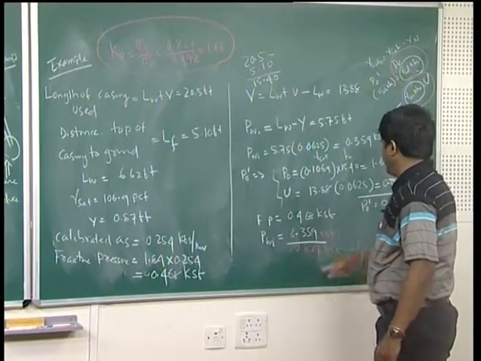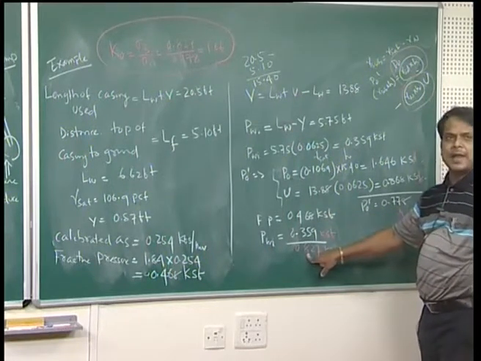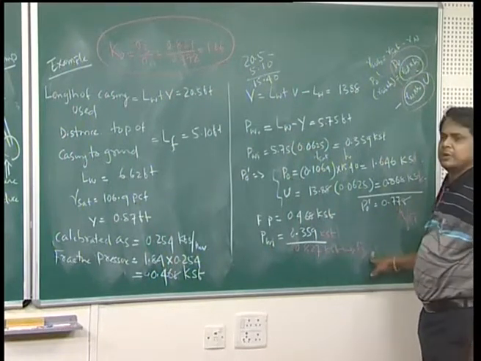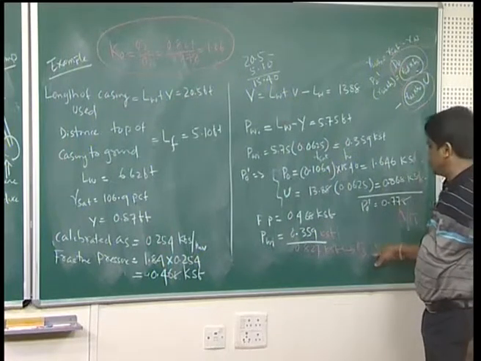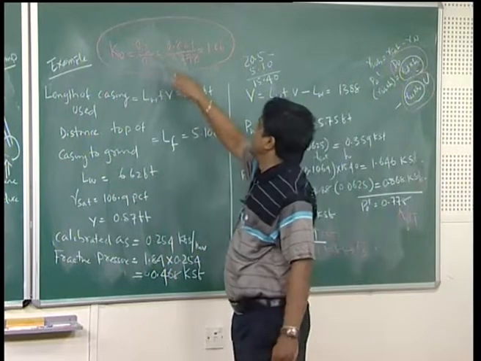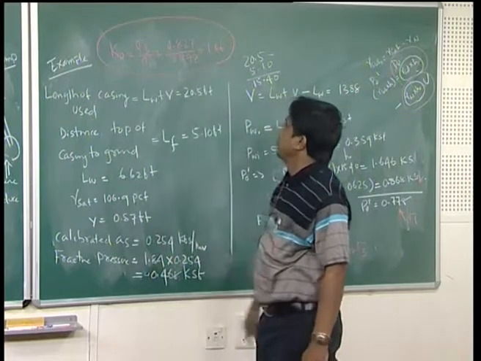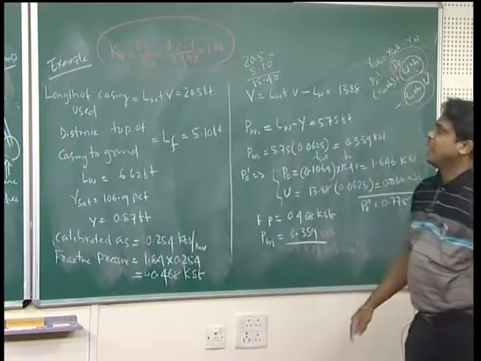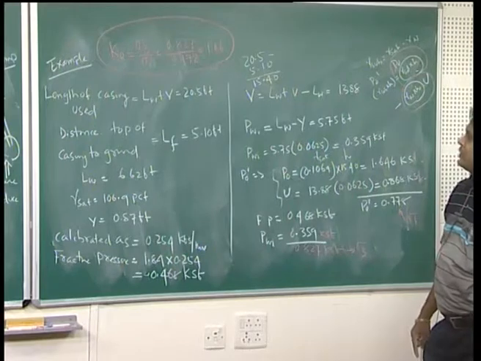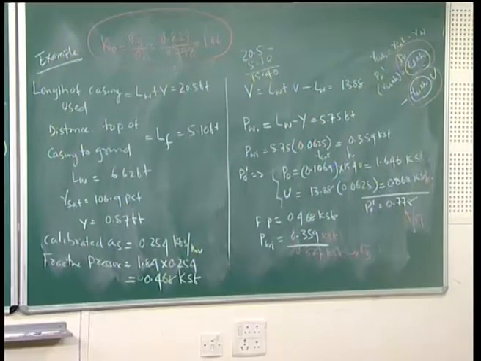So total you are getting, because of fracture pressure and water pressure, 0.827, that is nothing but your sigma 3. So you know sigma 3, you know sigma 1. So if you get sigma 3 by sigma 1, you will find your K0, that is 1.06. Where this K0 has to be used, as I said earlier, this K0 is nothing but earth pressure at rest, earth pressure at rest.